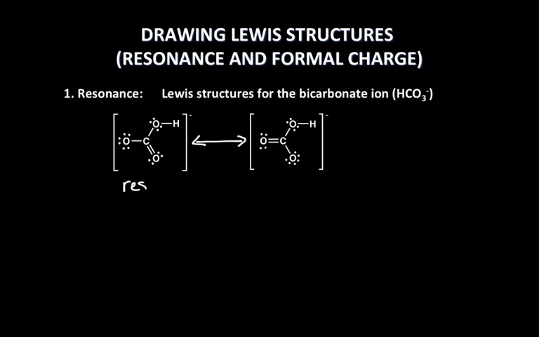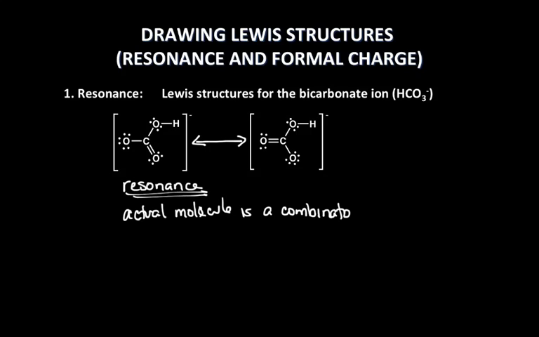We call those combined Lewis structures resonance structures, and they convey the idea that no one Lewis structure is correct, but that the actual molecule is a combination of those two Lewis structures. So the properties aren't depicted by one individual Lewis structure, not by one single bond and one double bond, but by a combination of those two.